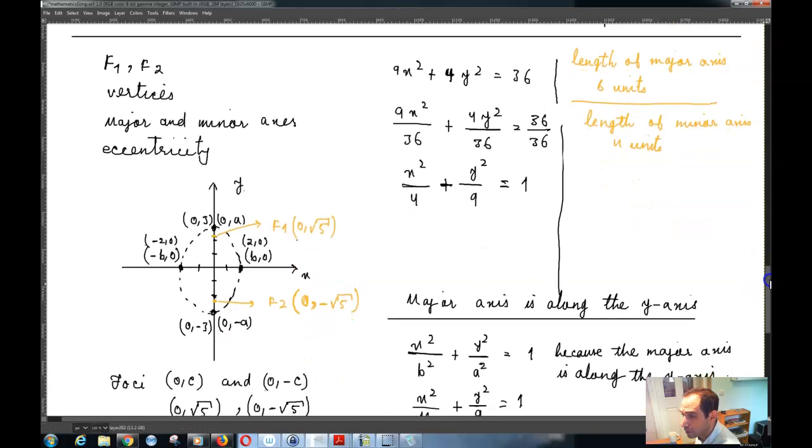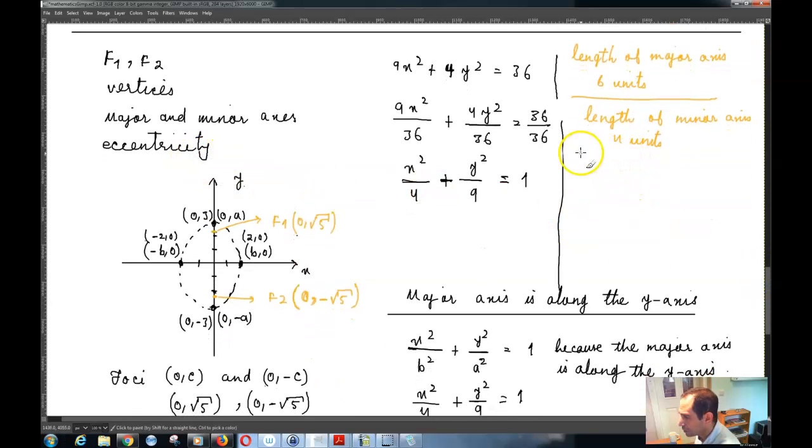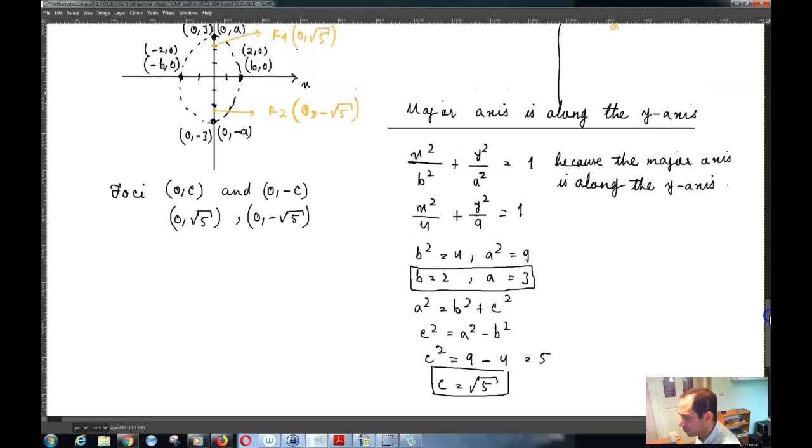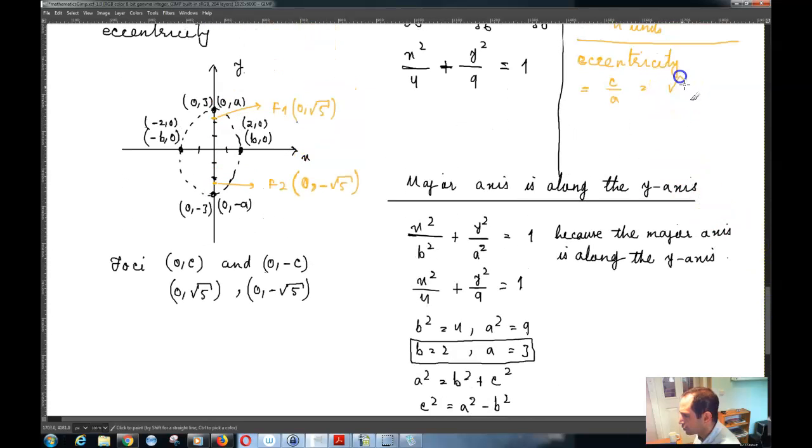And the next thing that we need here is the eccentricity. The eccentricity is basically c divided by a, which is equal to square root of 5 by 3. And that's basically all that.